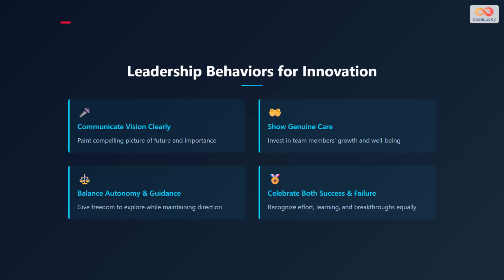Communicate clearly why innovation matters to your organization and how it connects to business goals. Model innovative thinking yourself by asking better questions and sharing your own learning experiences. Set clear expectations that innovation is part of everyone's job, not just a special initiative. Track progress and adjust your approach based on what you're learning.